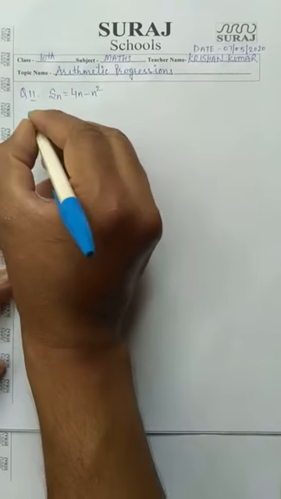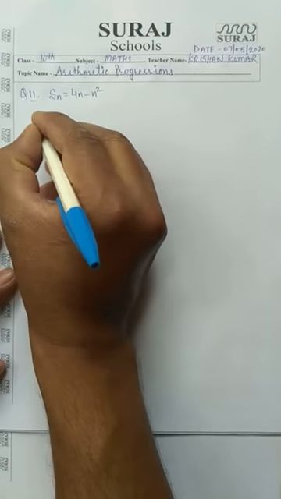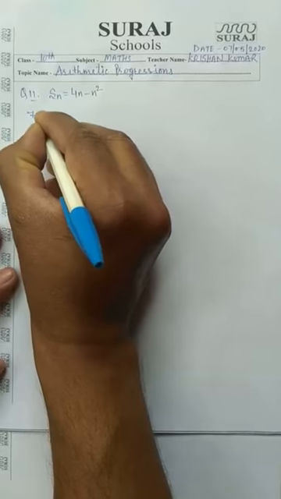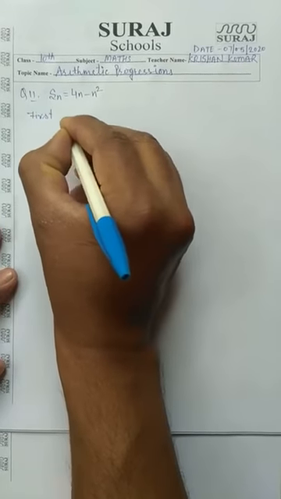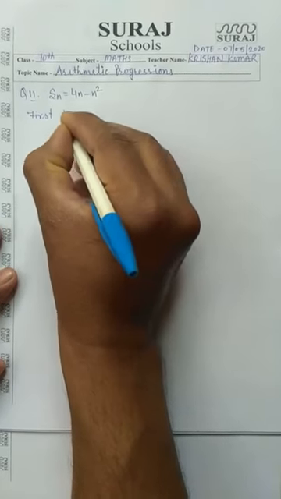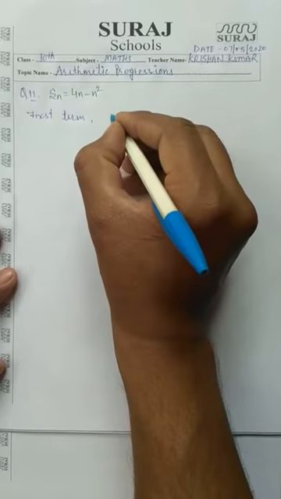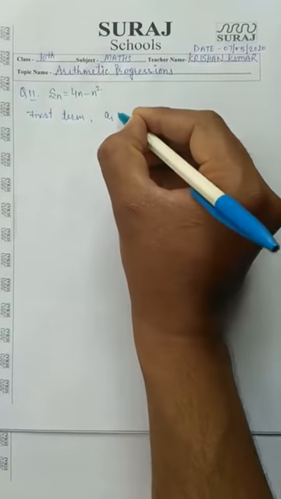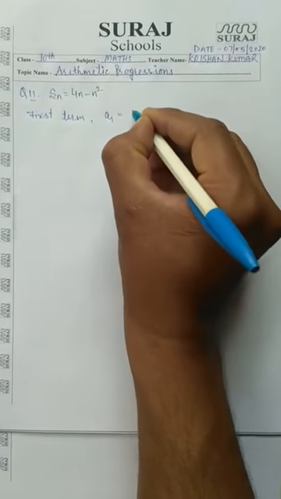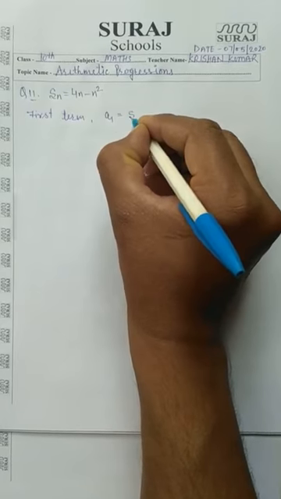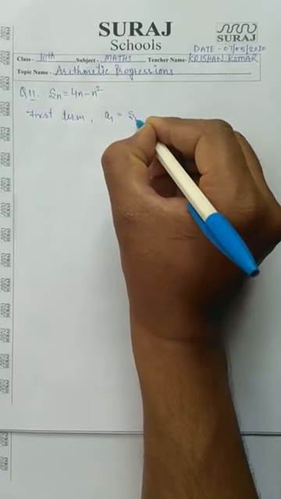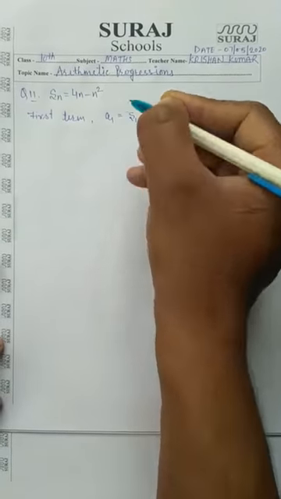First term. It means A1. A1 is the sum S1. S1 means the sum of one term, which means the first term.